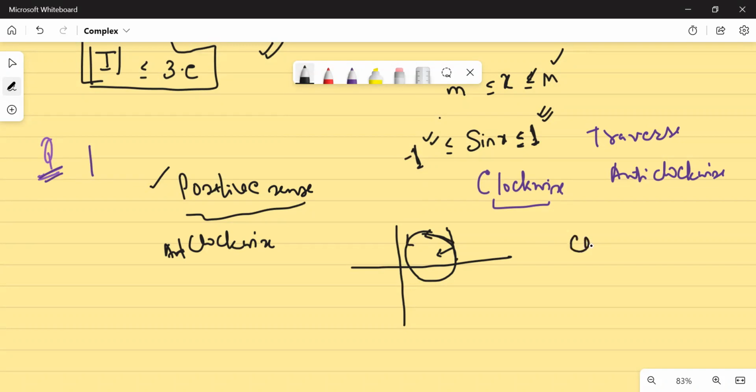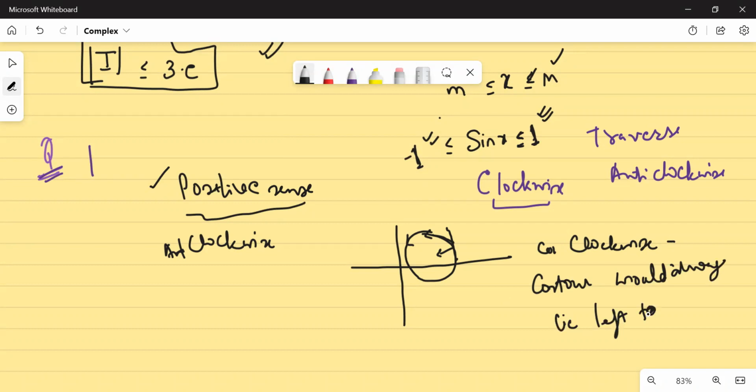So if I'm moving anti-clockwise or counterclockwise, my contour would always lie on the left as I move along. If I am traversing my contour in the counterclockwise sense, that is the positive sense, my curve will lie on the left hand. This is called the positive sense of moving.